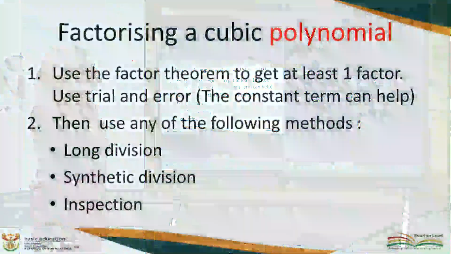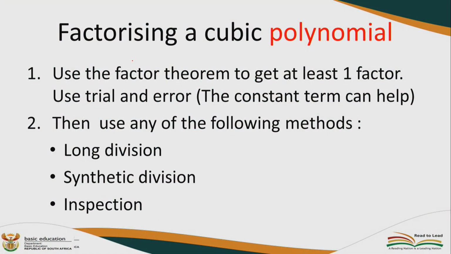Now, moving on to the next slide. Here, I was trying to emphasize the methods in which a cubic polynomial can be factorized. For you to factorize a cubic polynomial, number one, you apply your knowledge of the factor theorem by ensuring that you get at least one factor using that. How do you determine that?